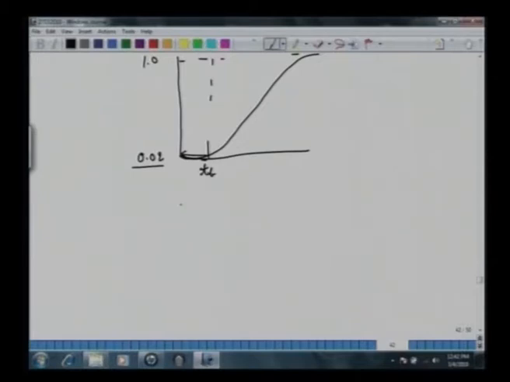It's ill defined whether it's 10% or 20%, but for our purpose we say it's 2% here. Then we had drawn this Ts, the stoichiometric time, so that this area is the same as this area, and then we had this Te.